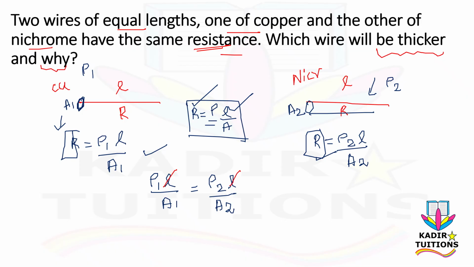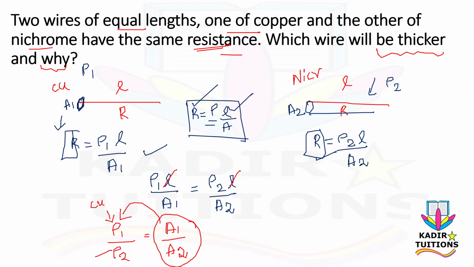I want to find the ratio of the resistivity, so I move terms accordingly: rho 1 by rho 2 equals A2 by A1. Now what we are concluding is that the area of cross section depends on the resistivity of the material. Rho 1 is the resistivity of copper, and rho 2 is the resistivity of nichrome.